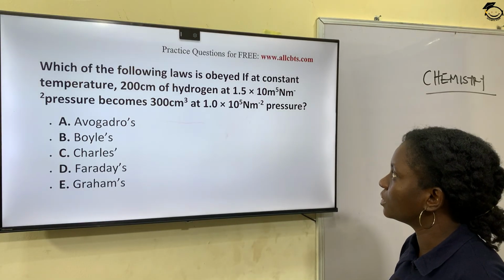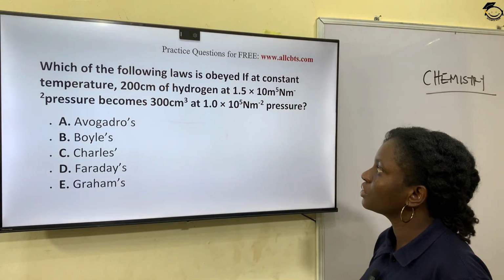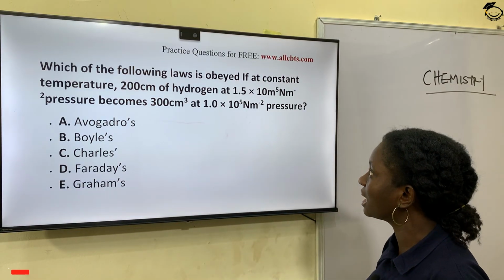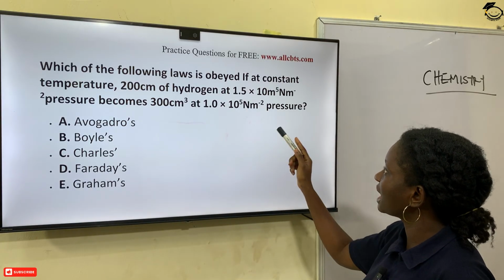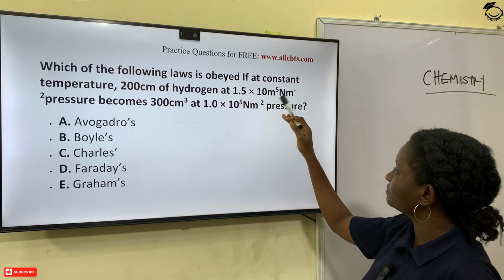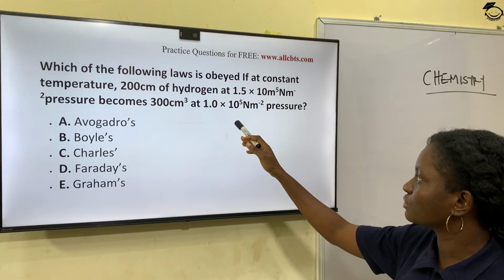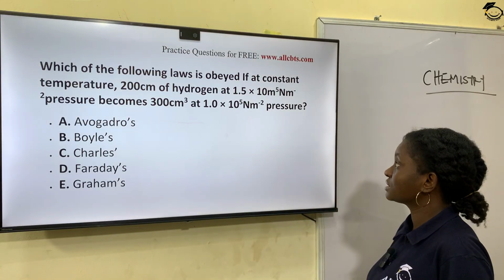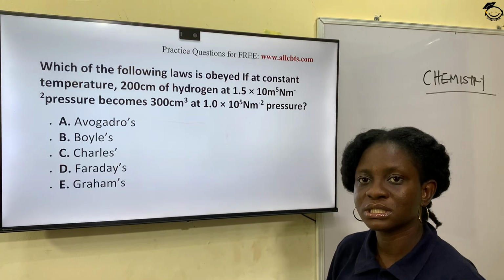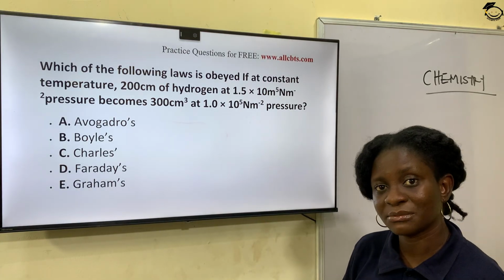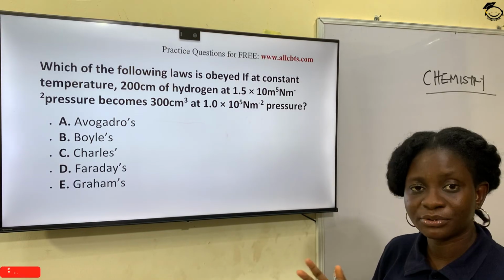Which of the following laws is obeyed if at constant temperature 200 centimeter cube of hydrogen at 1.5 times 10 raised to power 5 pressure becomes 300 centimeter cube at 1.0 times 10 raised to power 5 pressure? This law says at constant temperature, we have volume and pressure.